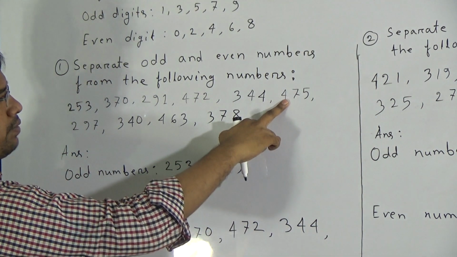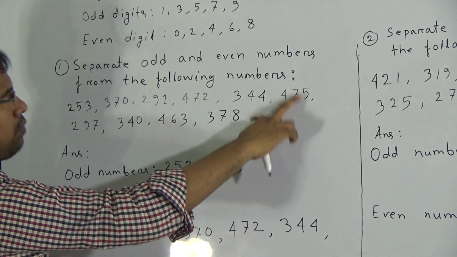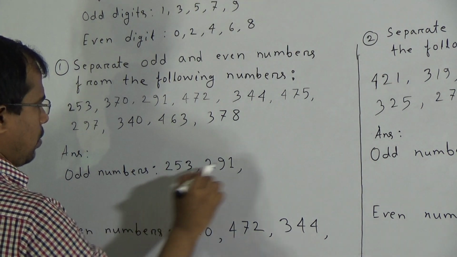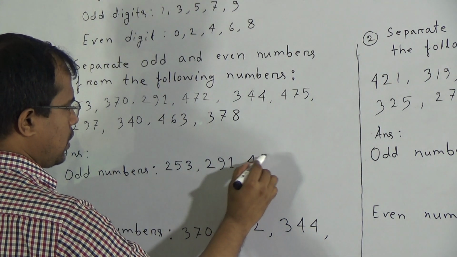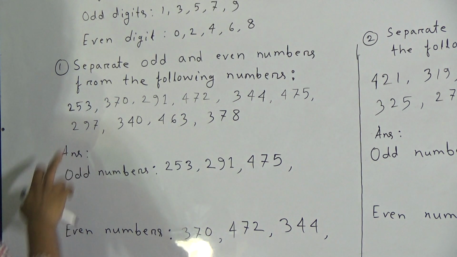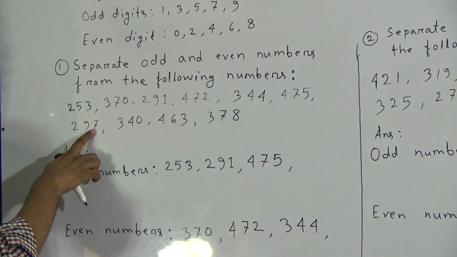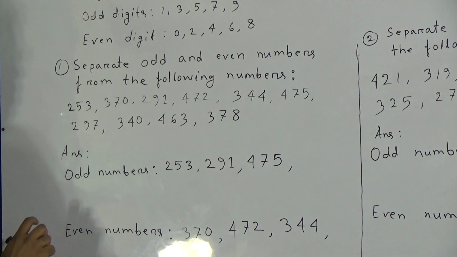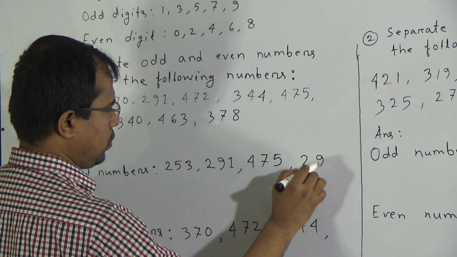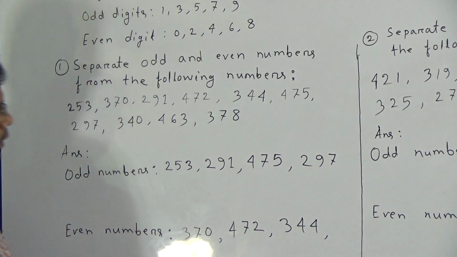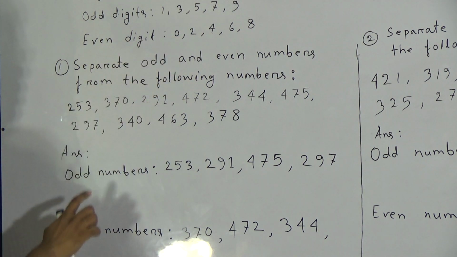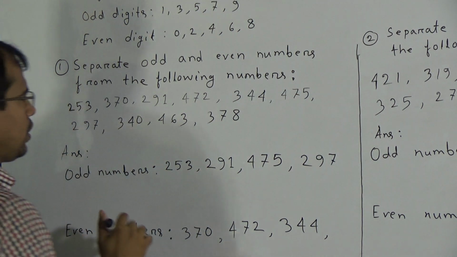Now 475, its ones place digit is 5. 5 is odd digit, so 475 will be odd number. Now another number 297, which ones place digit is 7 and it's odd digit, so 297 will be odd number. Now 340, ones place digit 0, 0 is even digit, so 340 will be even number.